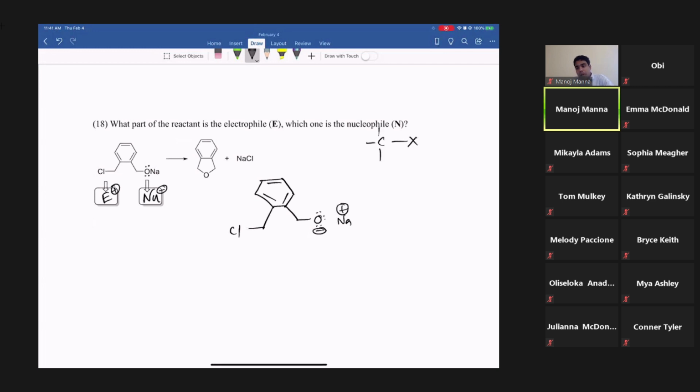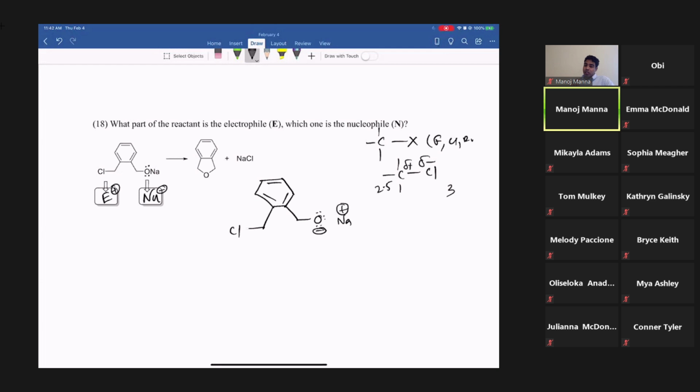If you think about a carbon-halogen bond, let's say fluorine, chlorine, or bromine, take carbon and chlorine. Carbon has electronegativity 2.5 and chlorine has electronegativity 3, so you have a delta plus and delta minus because of the electronegativity difference.